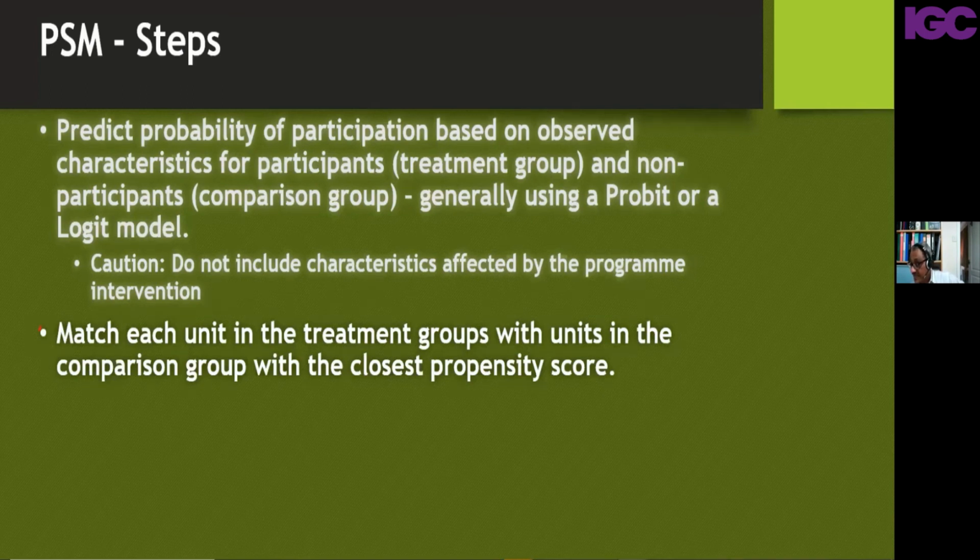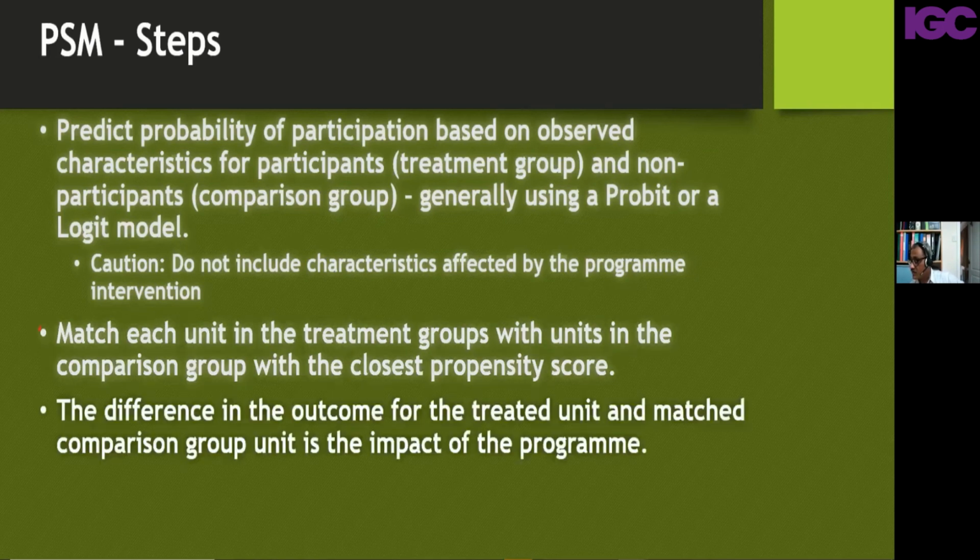And it can be anything in between. So you match each unit in the treatment group with units in the comparison group with the closest propensity score. And the difference in the outcome for the treated unit and the matched comparison group unit gives you the impact of the program.